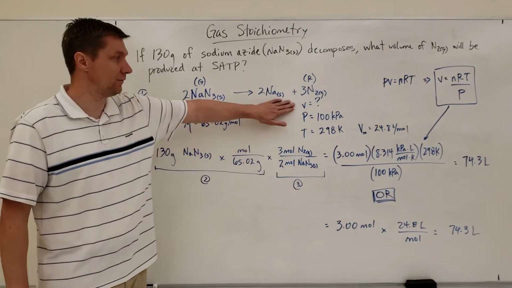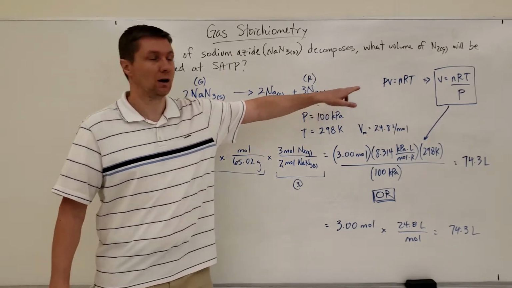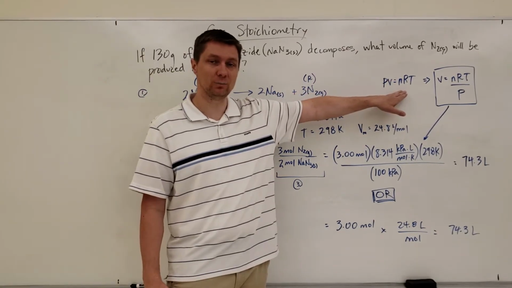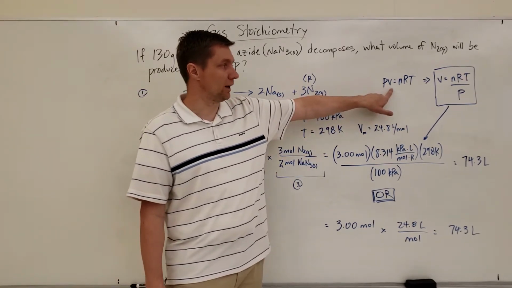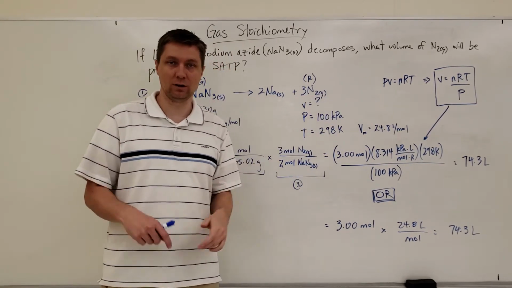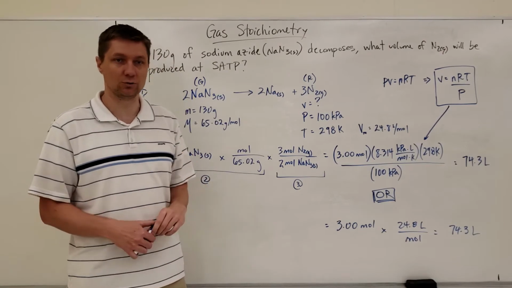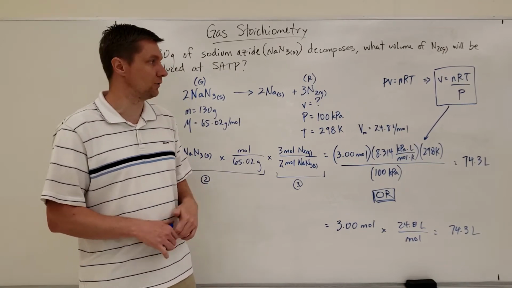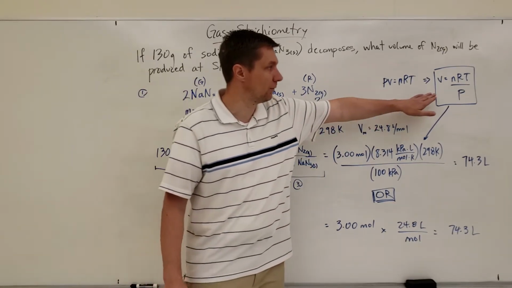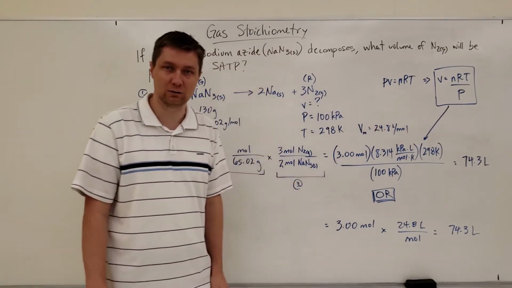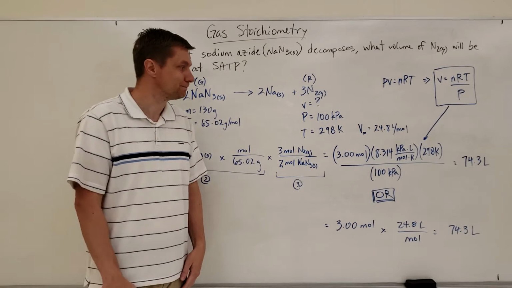And so to calculate volume, because this is a gas, I'm going to use the ideal gas law, PV equals nRT. And you can see in this formula, I have a variable that denotes or calculates volume. And so if I rearrange that formula so that I can calculate volume, my formula would look like this. V is equal to nRT divided by P.